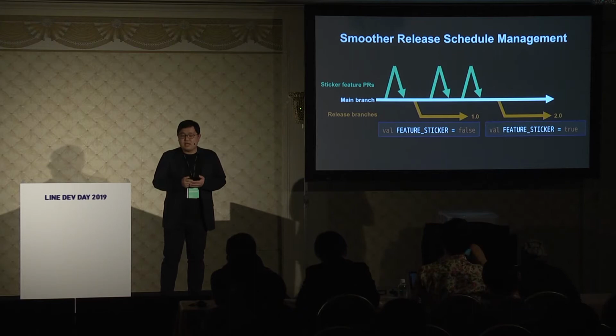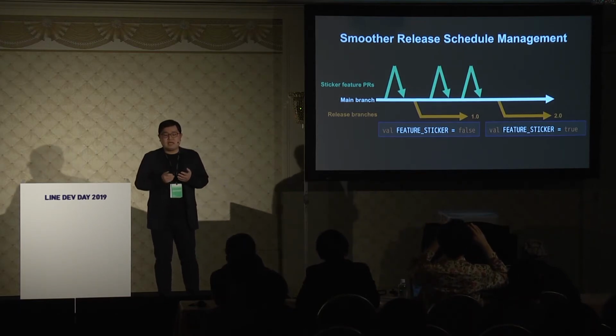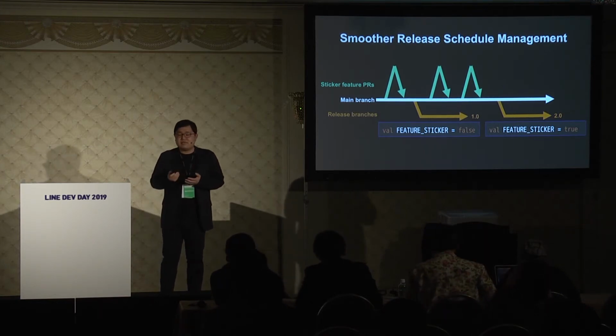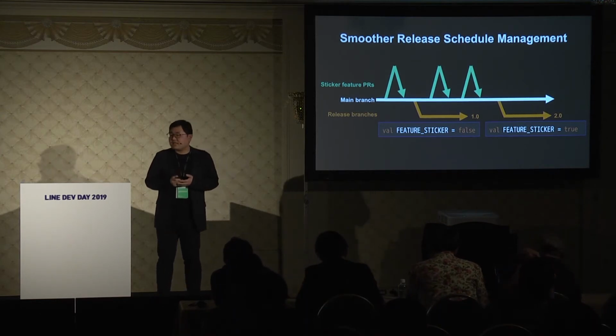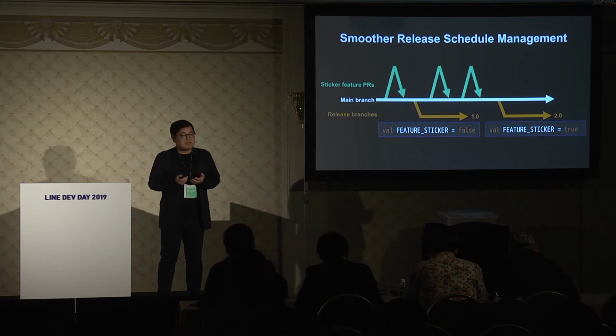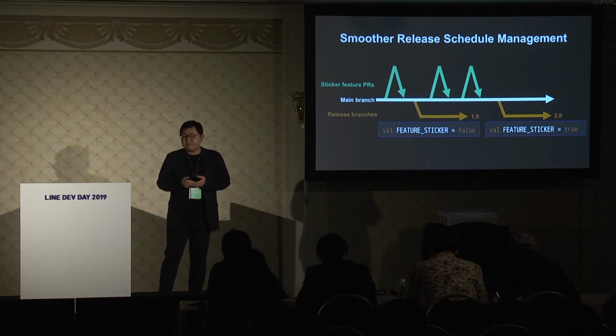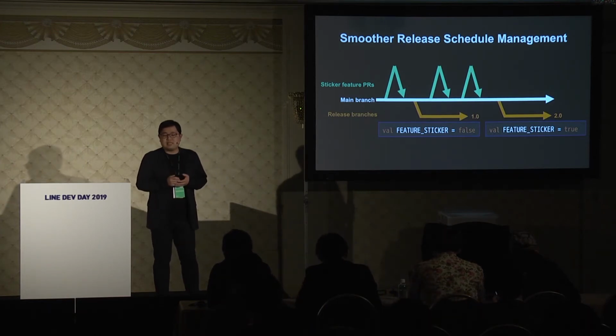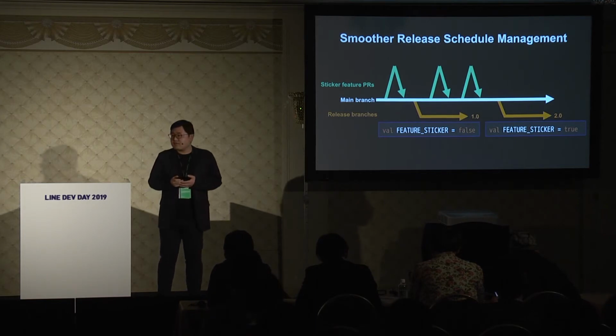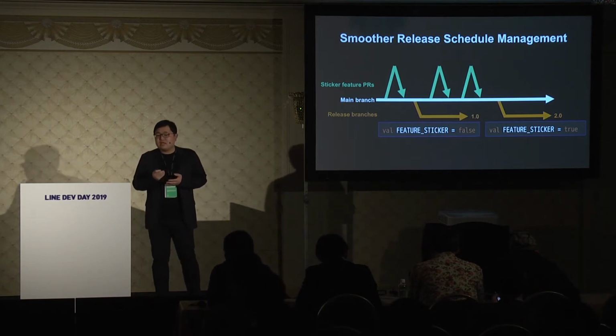The flag on the remote repository should be made true when the feature is completed after the development, and then on the release branch, this feature will be enabled. As you can see here, the final pull request will be merged, and then the feature flag should be changed to true. By doing so, in the version 2.0 release branch, this feature will be enabled.